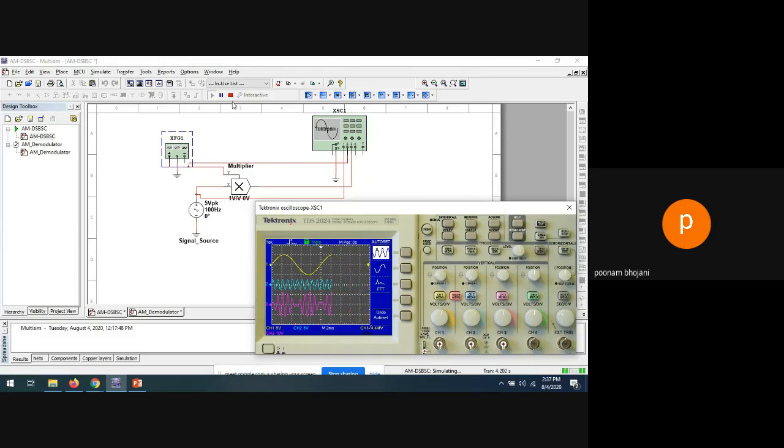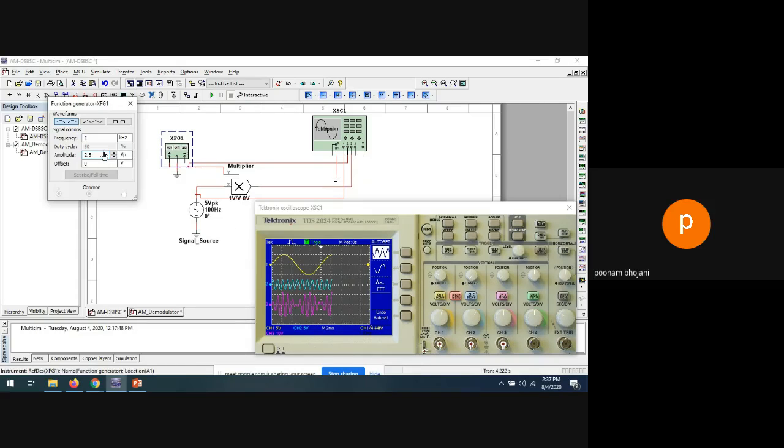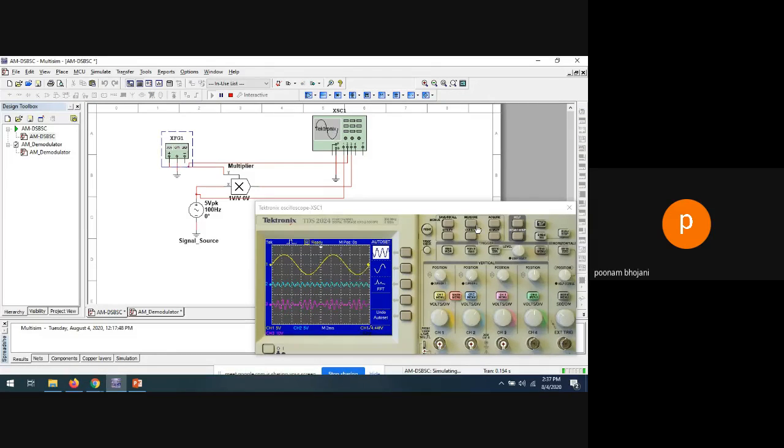And the last possibility is if AC is less than AM. So let us keep this amplitude smaller than this one, right? It is 2.5 volt peak. Here I am keeping 1 volt peak. Just a minute.